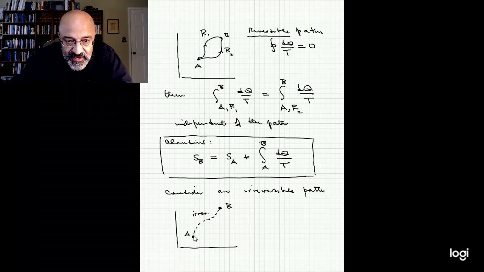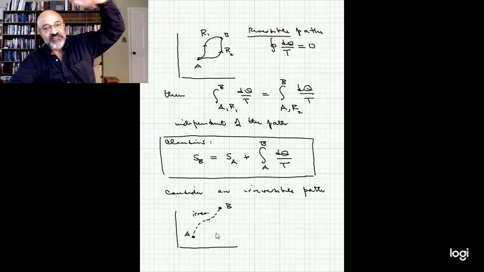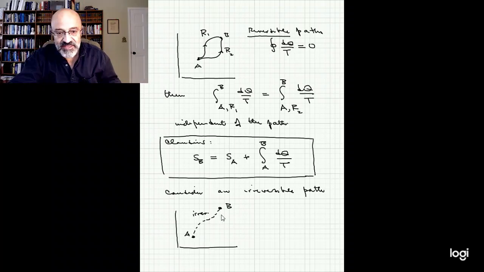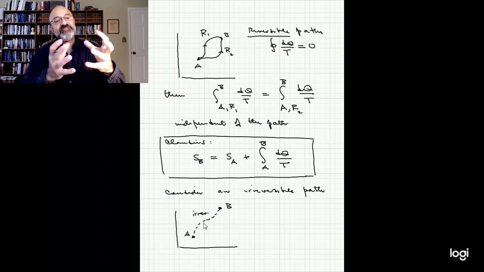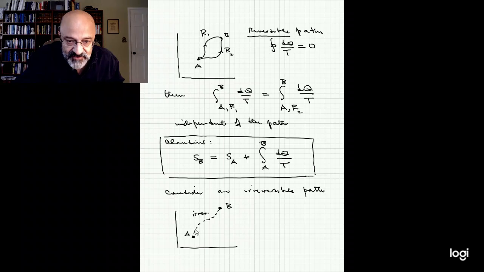The reason is the actual path from A to B is not happening on this space that I drew here, which is a space of equilibrium macro states. It's flying through other dimensions in going from A to B. It may very well be, for example, that this process is happening so fast that one part of the system is hot, another is cold, there is turbulence, the densities are not constant, it's a mess. That's what I mean by an irreversible path.